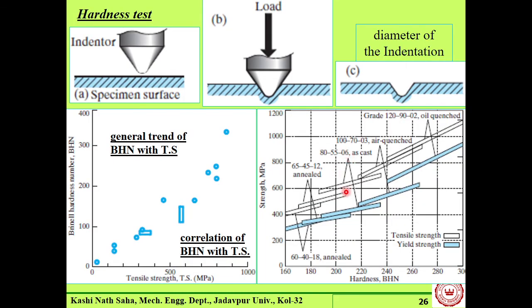And you see, for different materials, this is the variation of the Brinell hardness number. And for different steels having different carbon percentage, okay, that means from mild steel to high carbon steel, and for different types of processing. What happens?